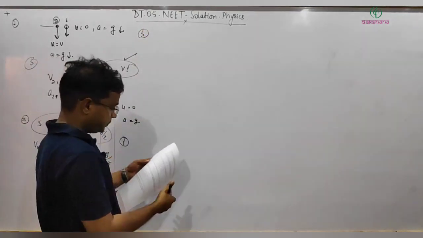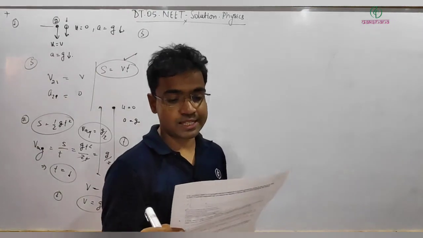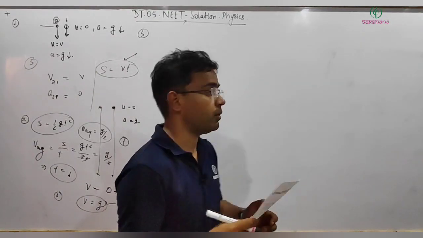Next, question number 3. Two bodies of different masses are dropped simultaneously from the top of a tower.